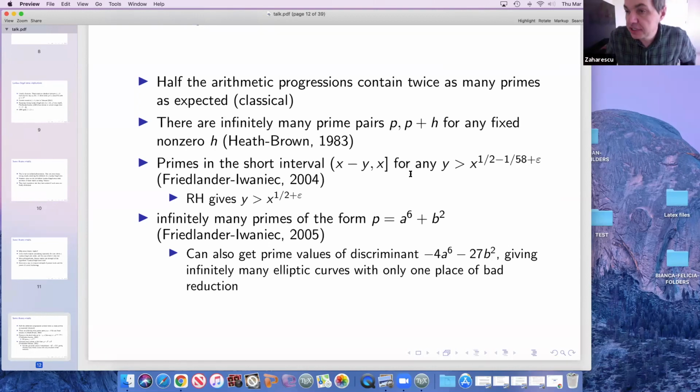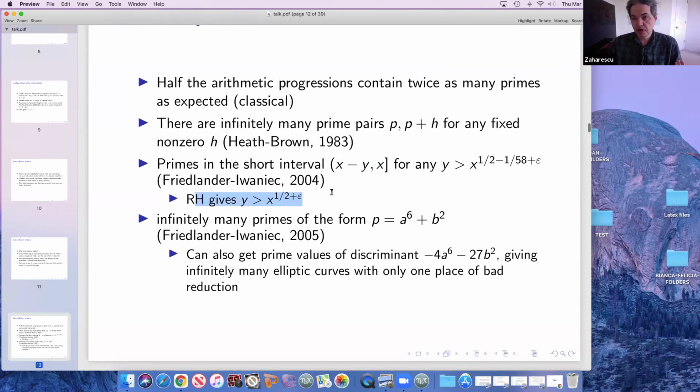Short meaning shorter than square root type, like intervals of the form x and x plus y or x minus y with y less than square root x. We know that the Riemann hypothesis, I'm not talking about generalized Riemann hypothesis, just Riemann hypothesis for the Riemann zeta function allows one to show that there are prime numbers in any intervals of this form, x plus square root x, or square root x times a power of log.